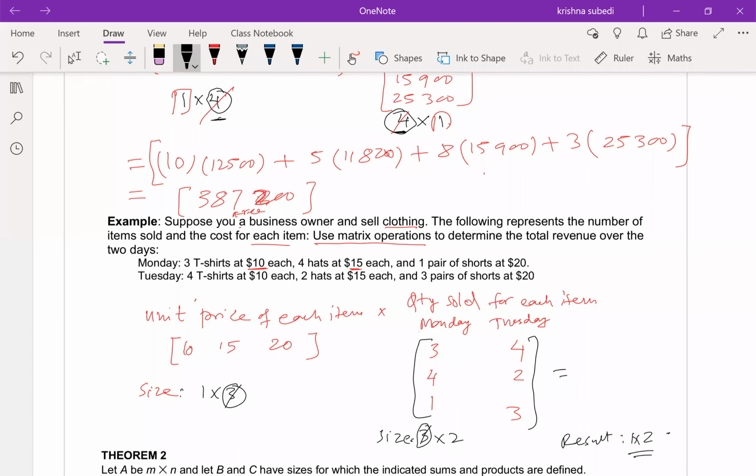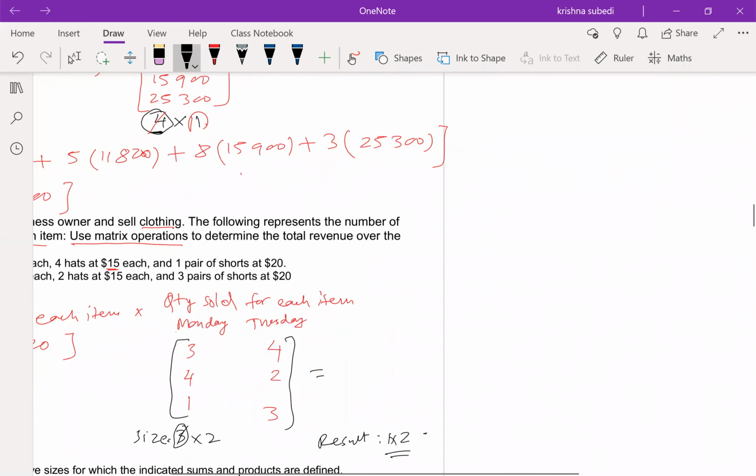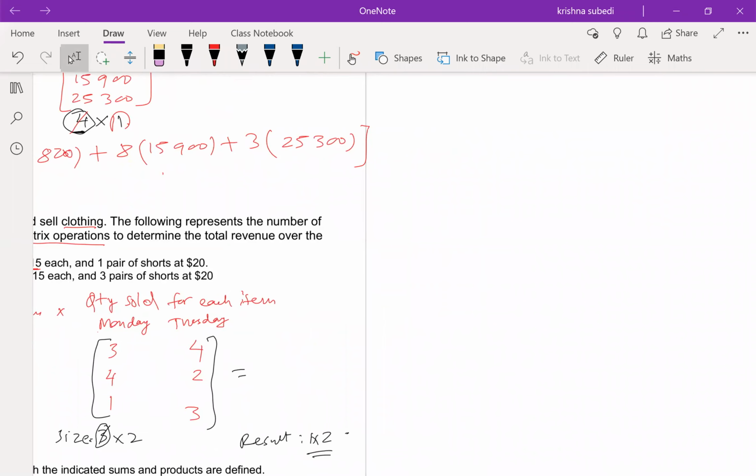Okay, let us multiply that here. The first matrix is 10, 15, and 20, and the second matrix we have is 3, 4, 1, and 4, 2, 3. Now, how do we do that? Well, the first row we multiply with the first column.